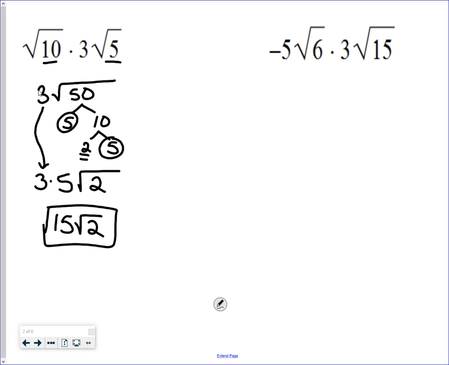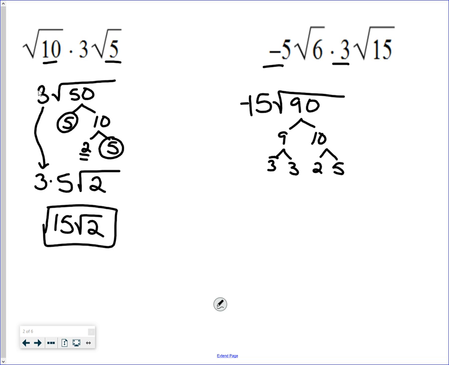Now the only difference, this one has a -5 and a +3 out front. So what is -5 times +3? That's -15. Then 6 times 15, do it in your calculator, you should get 90. It's a big multiplication problem, okay? 90. The easiest way, I think, is 9 times 10. It ends in a 0. And we keep going and looking for matches.